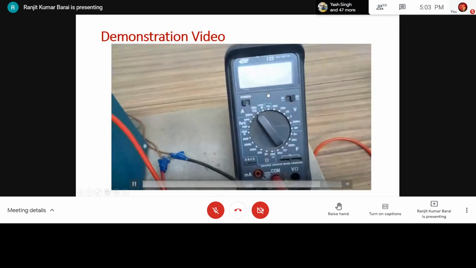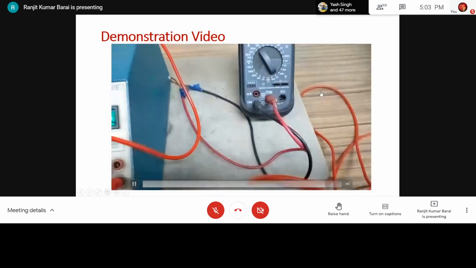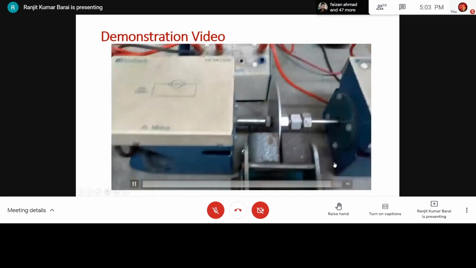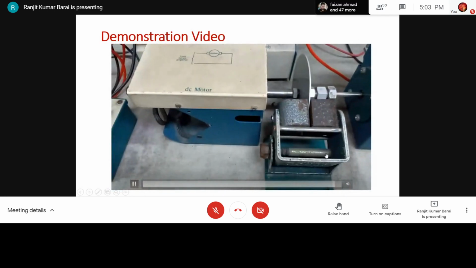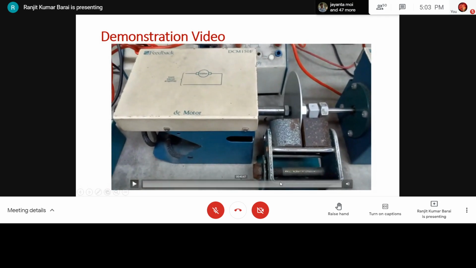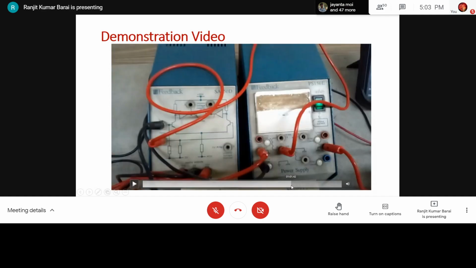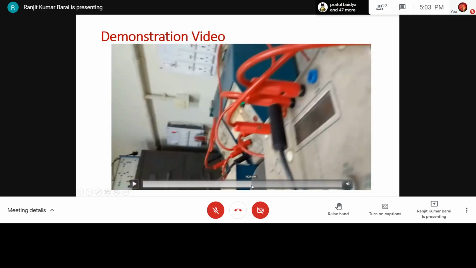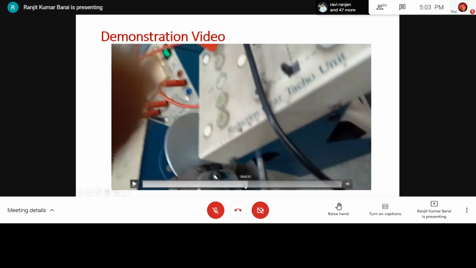We are measuring the armature current here, and we are measuring the TACO voltage here, taking the tapping here, using a multimeter.